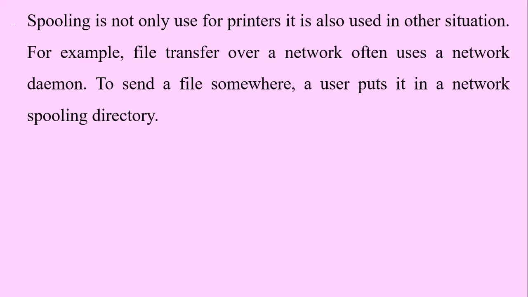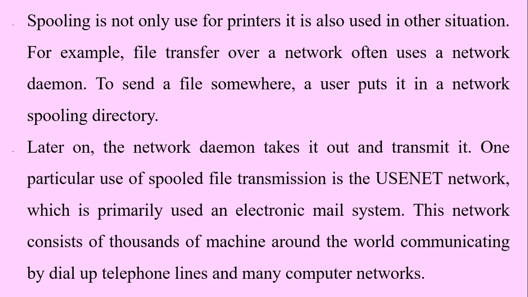Spooling is not only used for printers, but it is also used in other situations. For example, file transfer over a network often uses a network daemon. To send a file somewhere, a user puts it in a network spooling directory. Later on, the network daemon takes it out and transmits it.